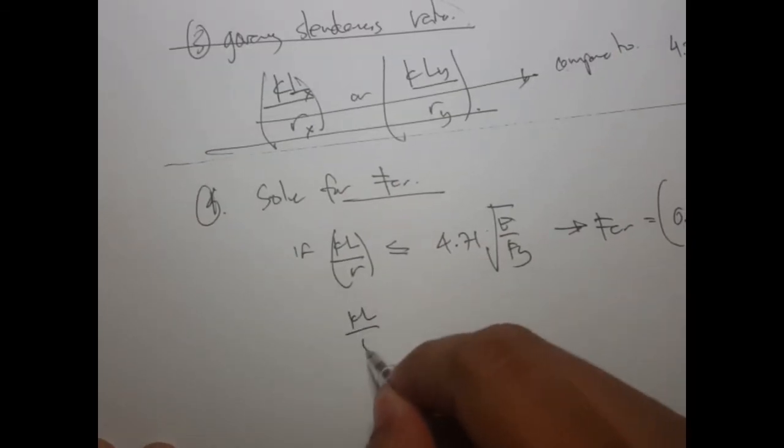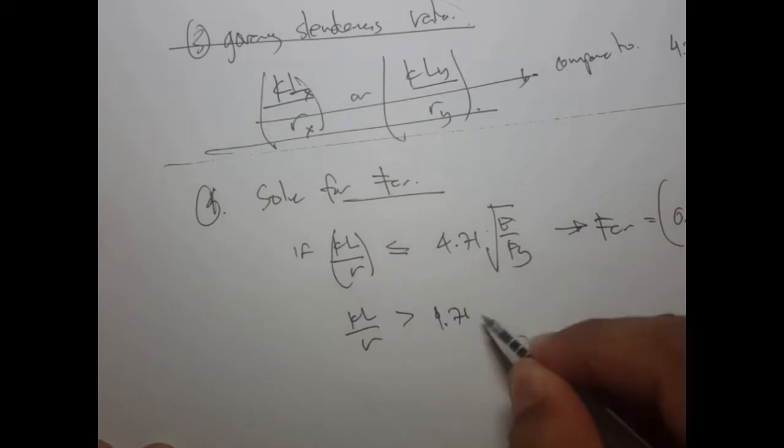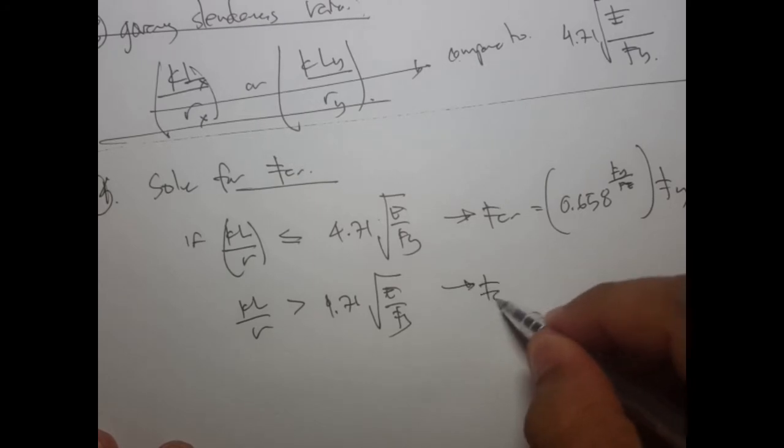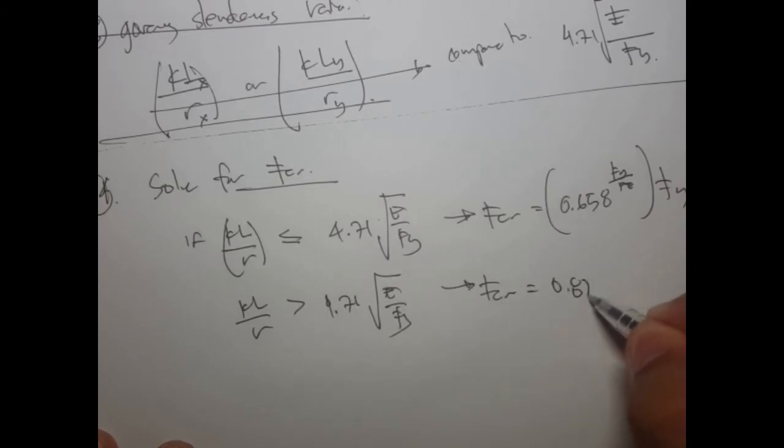But if KL over r is greater than 4.71 square root of E over Fy, then our Fcr is 0.877 Fe.